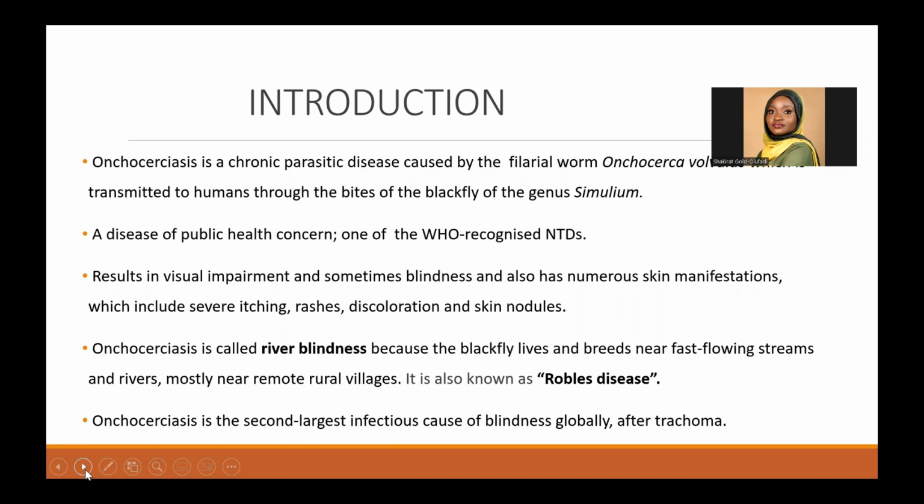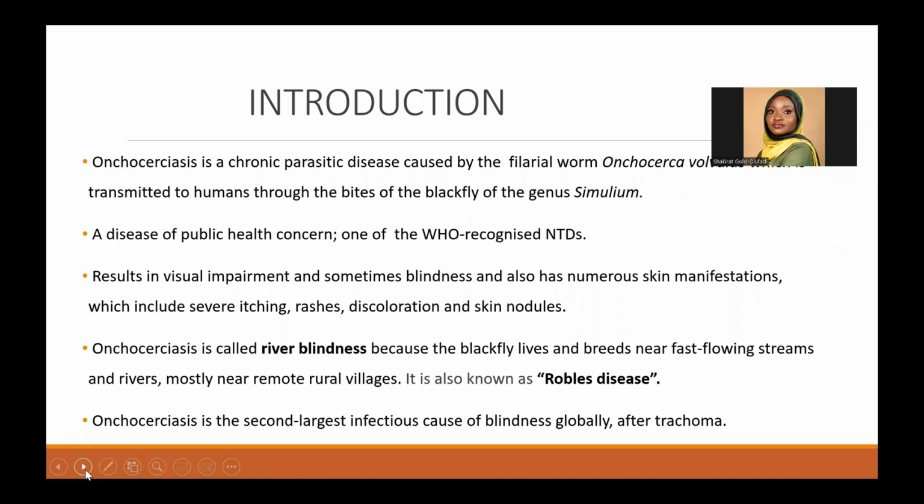These can include severe itching, different kinds of rashes, which we'll discuss, discoloration of the skin, and nodules on the skin. And it's often called river blindness because the fly that transmits onchocerciasis tends to live near fast-flowing streams or rivers.